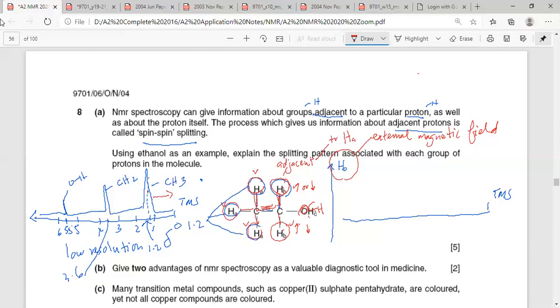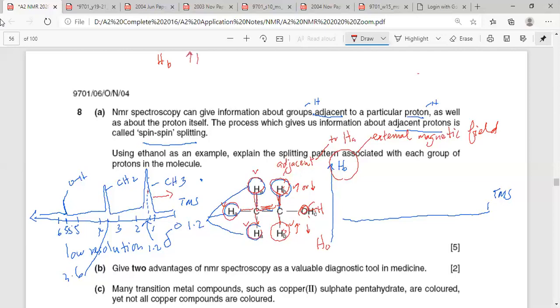So here, these 2 HB. The 3 HA here is affected by these 2 HB. For HB, how many ways can it spin? For the first one, it can spin up and up.